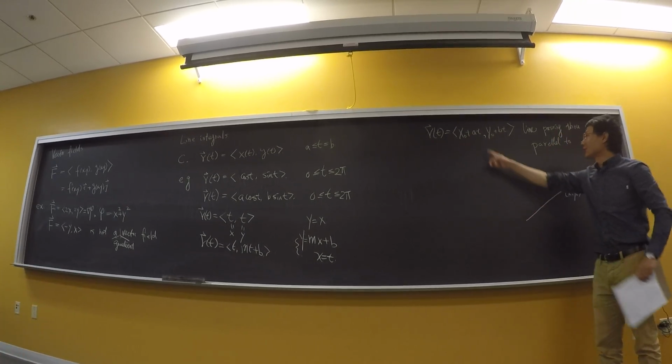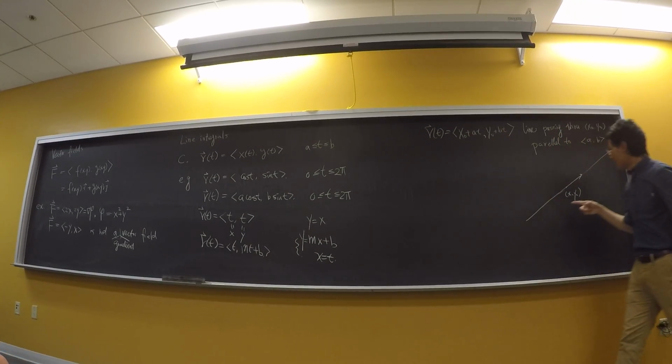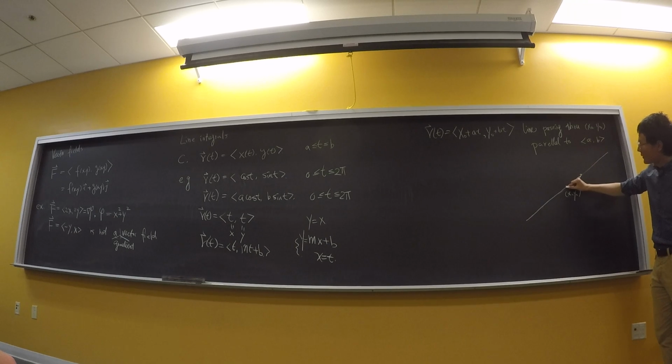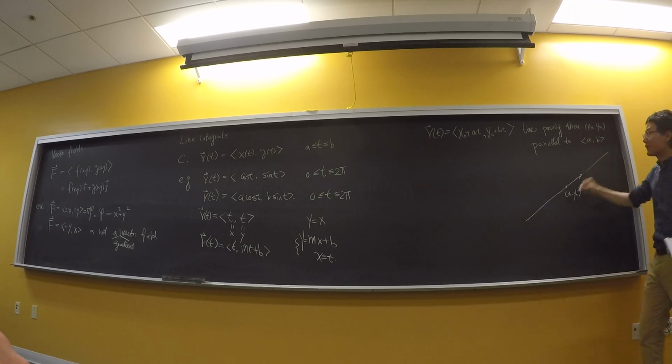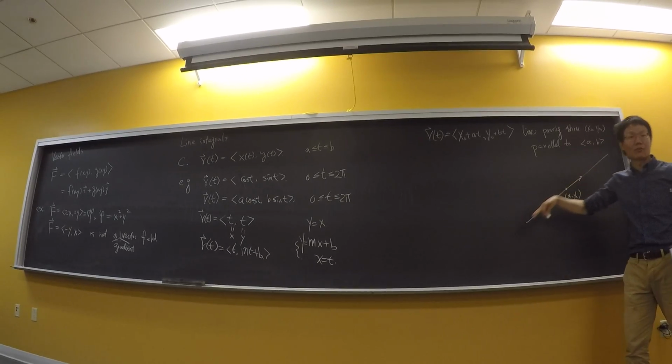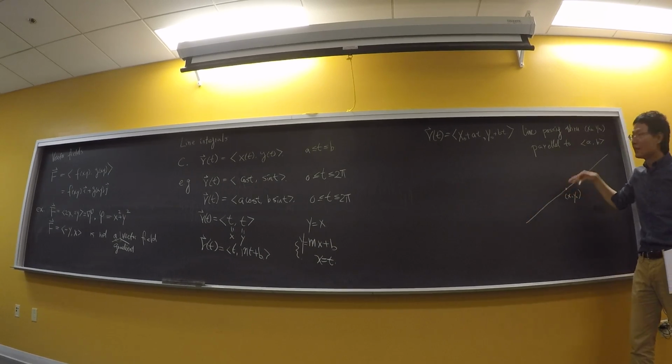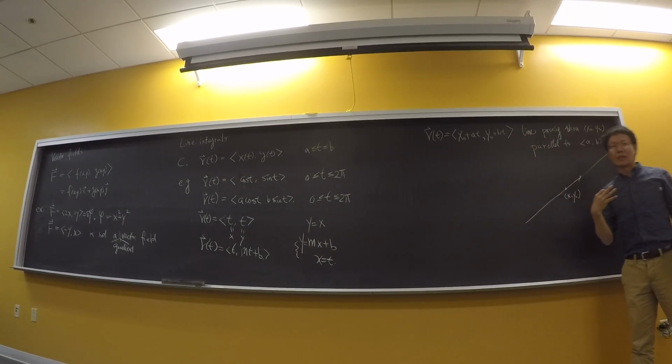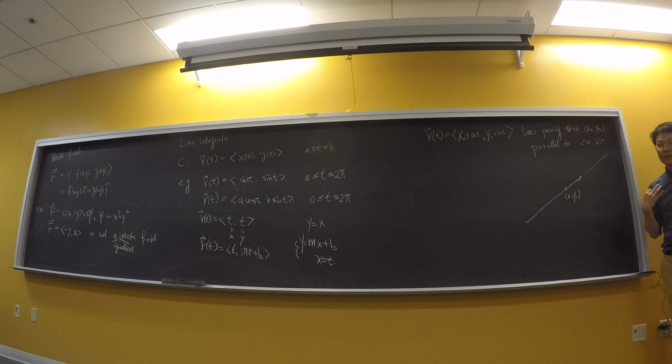If t goes from 0 to infinity, then this point moves from x0, y0 in the positive direction of the vector, the same direction of the vector. If you let t go from 0 to negative infinity, it's going to go in the opposite direction of the vector. You see that? So the parametric equation gives you the curve, but also gives you the orientation, right?